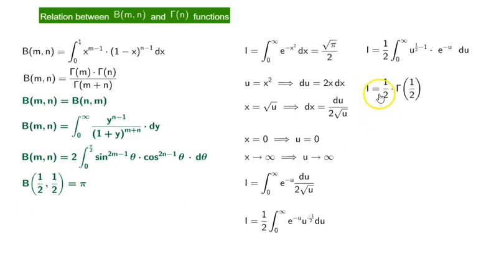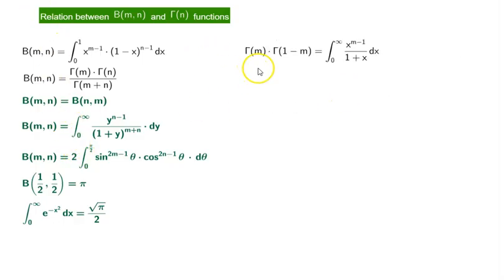So we have I is equal to 1/2 times gamma of 1/2. Gamma of 1/2, we know what it is: root pi. So I is equal to root pi by 2, which is what we had to show. So we have seen another example. Now let's look at another.